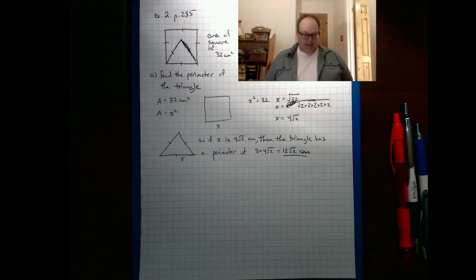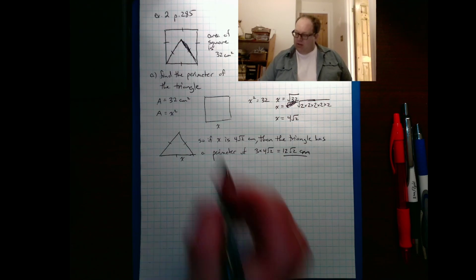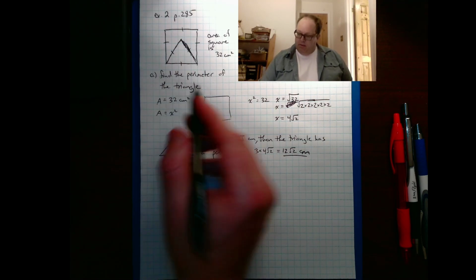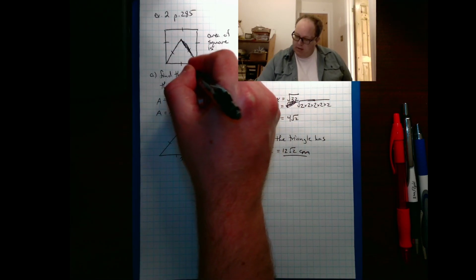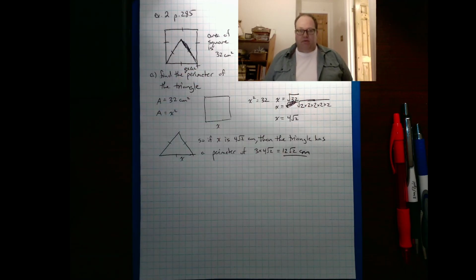These are again in exact values. I should say that we weren't just told to find the perimeter of the triangle, we were told to find the exact perimeter of the triangle. And that means if there's roots involved, we leave them as roots. Don't approximate with our calculators.